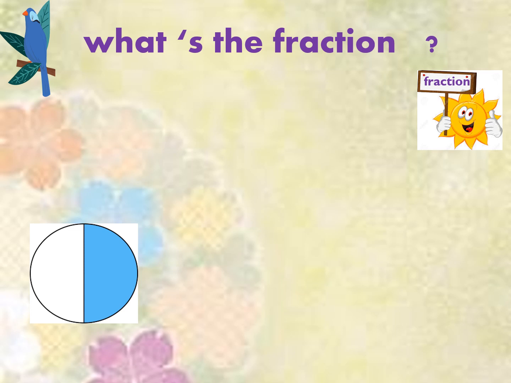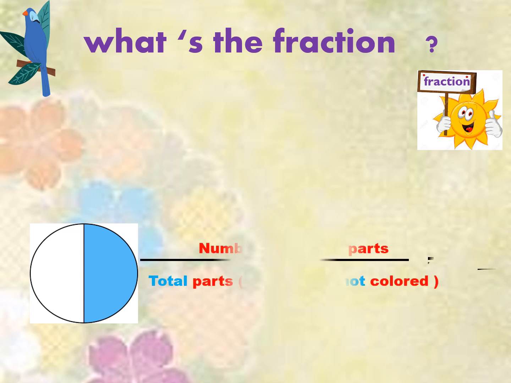In the fraction, I have a definition: the number of the colored parts on the upper, then a dash, then the total parts, colored and not colored, in the bottom. Again, the number of the colored parts upper, then a dash, this dash by the way is called the fraction bar, and in the bottom the total parts, colored and not colored.